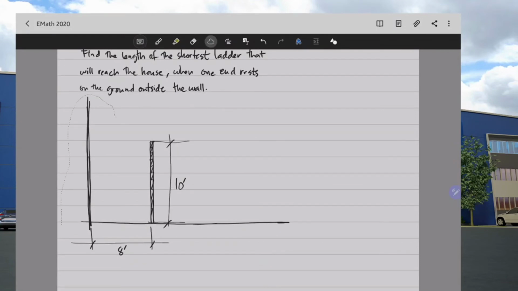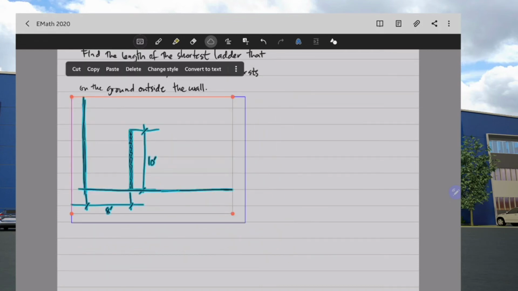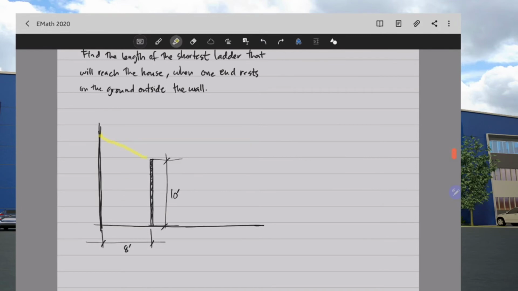Okay. Let me change the size of this para ma-drawing natin na maigi. Okay? So, ito yung situation. Dapat yung one end will reach the house. So, this is the house, diba? And the other end will be outside the wall. So, meaning ganito yung ladder natin. But the question is, if that is a ladder, is that the shortest?